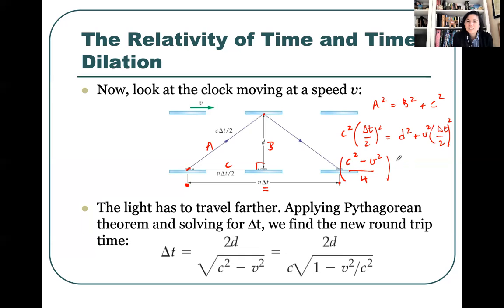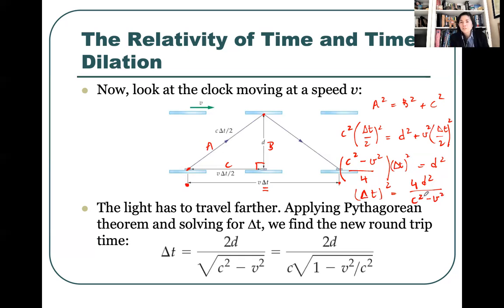So this is times our delta t squared equal to d squared, and you can see that that means that delta t squared is equal to 4d squared, and then I have to divide by c squared minus v squared.